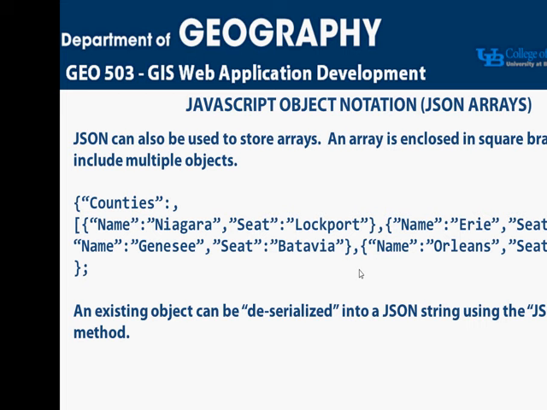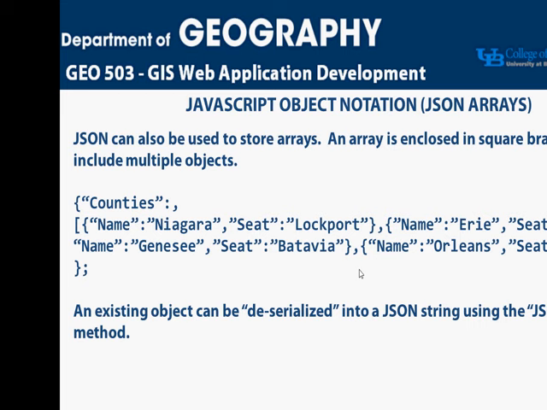So the name of the array is counties. And now in square brackets, I'm looking at this because I think I missed a square bracket. At the end here, there should be an end square bracket. The square bracket defines an array of JSON objects. So this counties array that we're creating has 4 items in it, one representing Niagara County, Erie, Genesee, and Orleans. And then there should be a square bracket here to close the array.